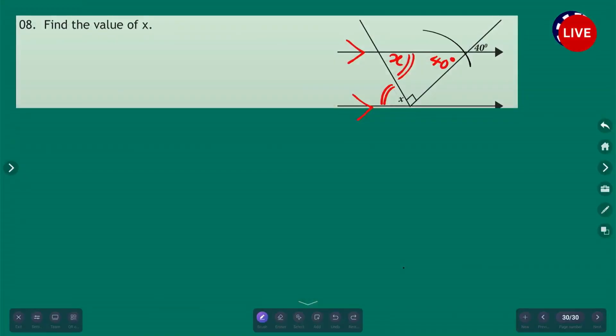By considering this triangle, we know the sum of internal angles of a triangle is equal to 180 degrees. So let's write an equation. X plus 40 plus a 90 degree angle given there in the triangle equals 180 degrees.